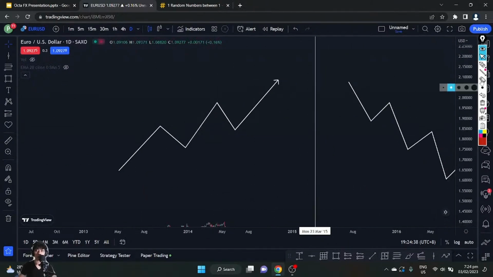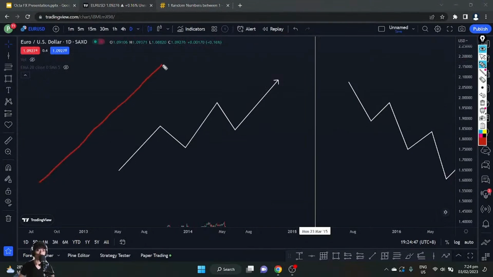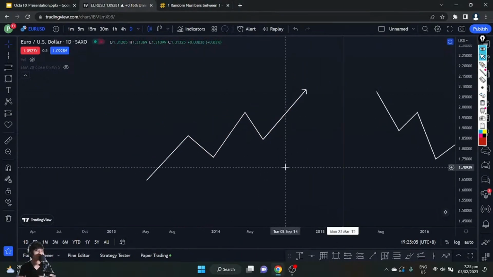Whenever the price is going up, we can clearly see that it is not going up in a straight line. We have a move up, and then a move down, and then it goes up again, and then down again, and then up again. This is just the nature of the market, and this is how market structure works.